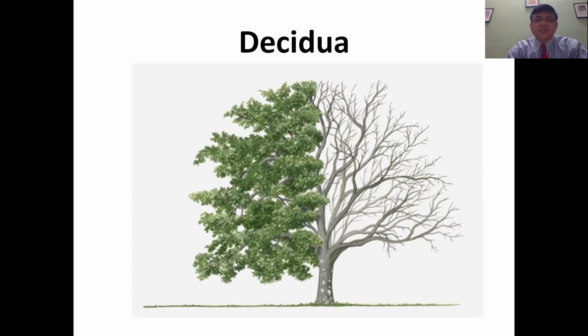As you can see in this picture, this is a deciduous tree. By that I mean seasonally all the leaves fall off. Likewise, decidua also completely gets shed off at the end of the pregnancy when the placenta comes out. That's why it is named decidua, because it gets shed. So this inner layer of the endometrium is divided into different structures. Let us see that.